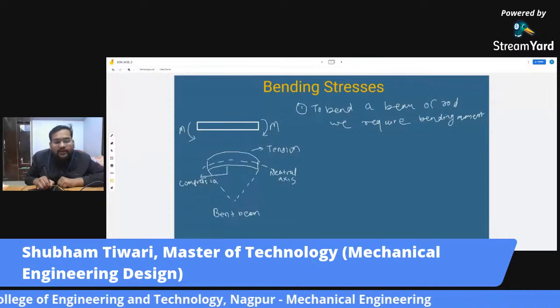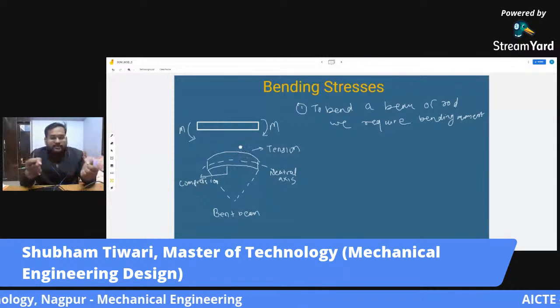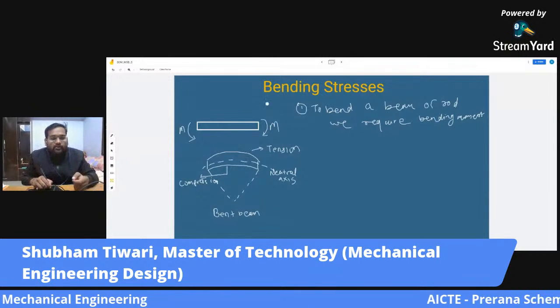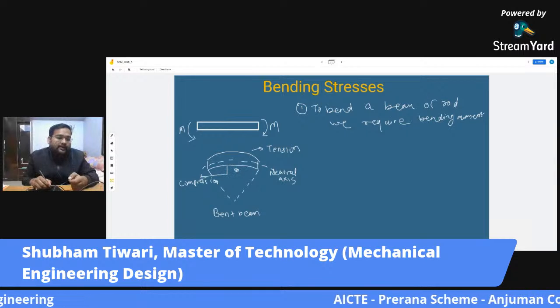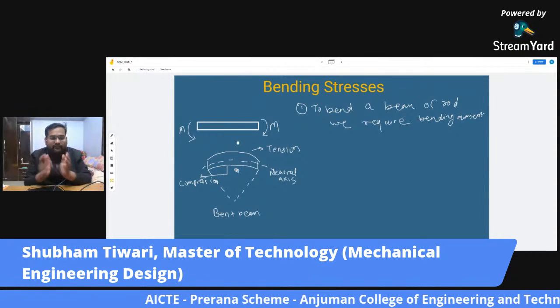You can see here it is a stretching kind of action. The fibers are getting stretched, whereas in the downward portion the elements are getting compressed.